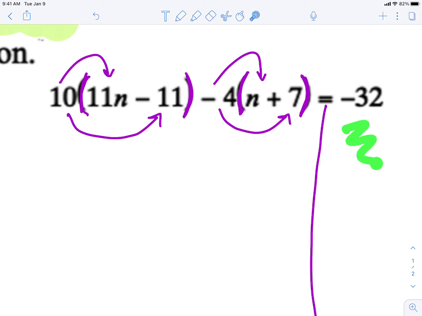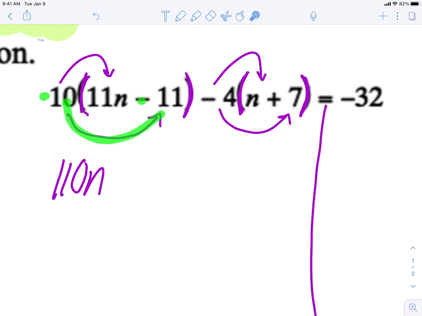This 32 here is by itself, and he's going to be a loner for a while until we figure everything out on the other side, right? So let's distribute top first. 10 times 11n is 110n. 10 times negative 11, or positive times negative, is negative.